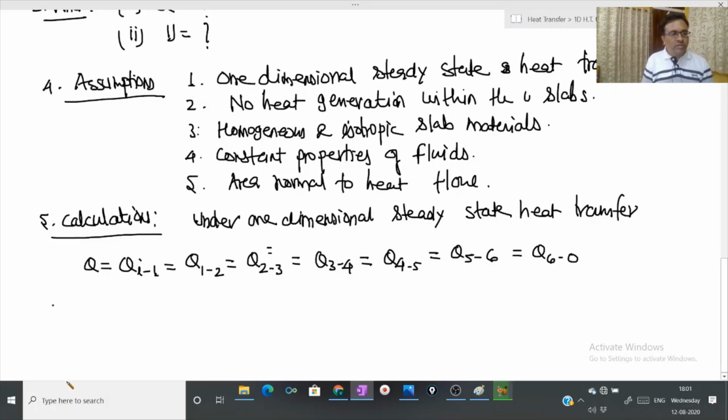Now let us write down the equations for individual rate of heat transfer. Here one concept is there.